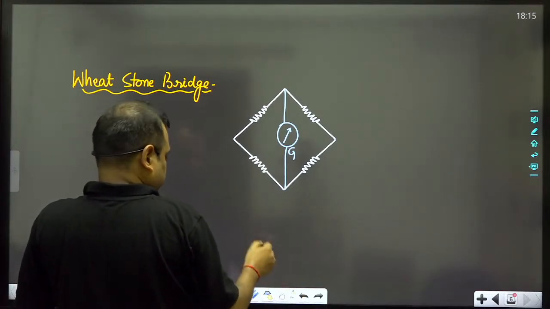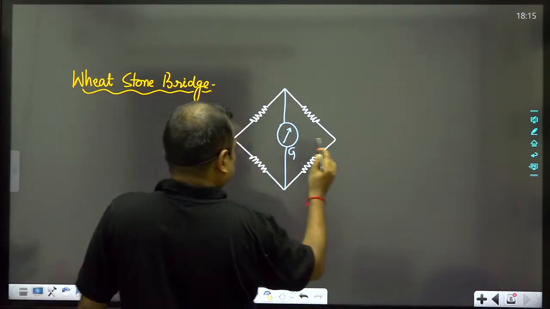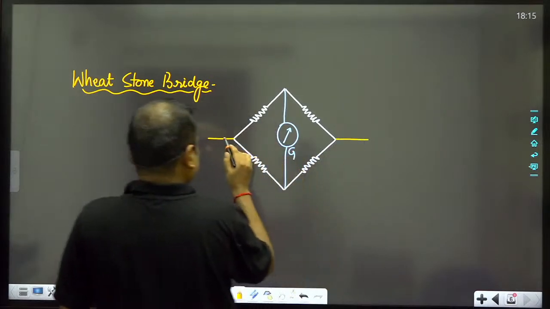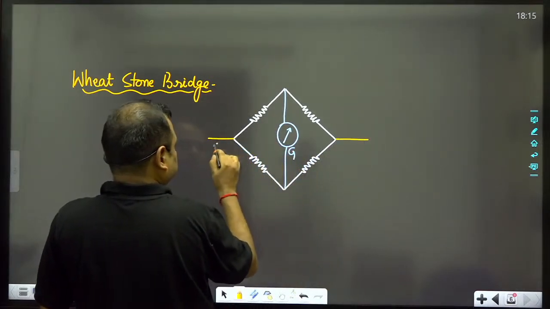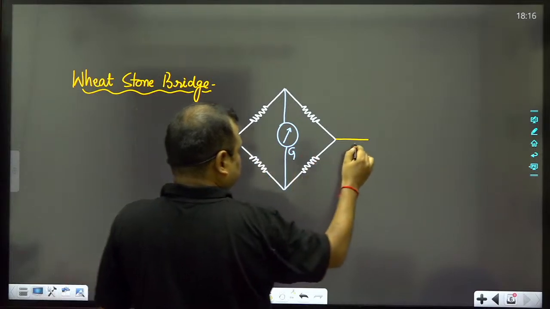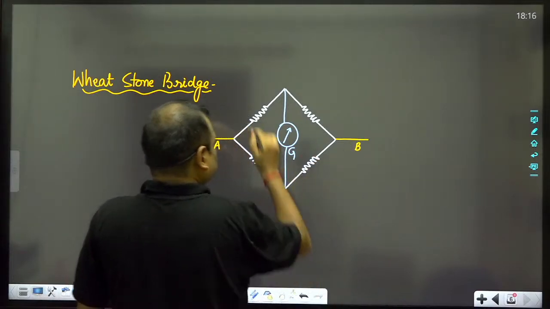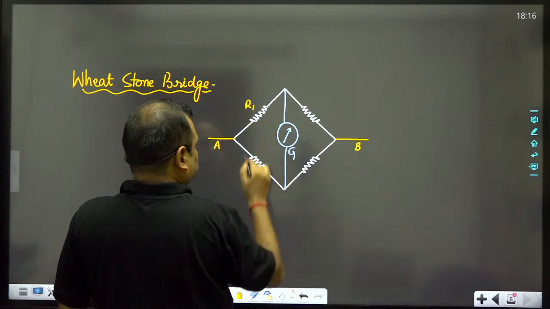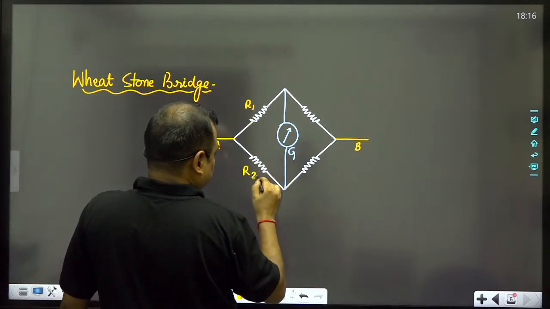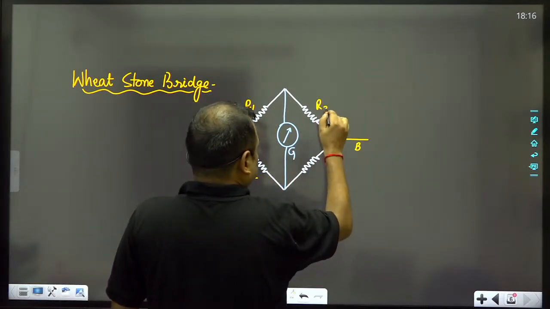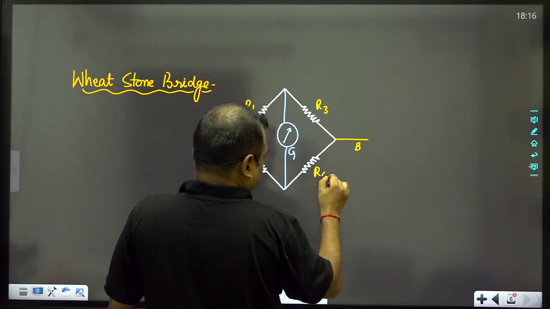Now suppose this is point A and this is point B. This is R1 and this is R2, this is R3, and this is R4.